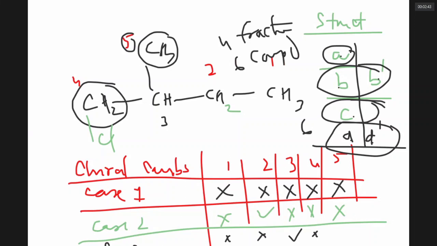So 2-methyl butane on monochlorination can give me 4 fractions on distillation, but actually it can give me 6 different compounds. Out of the 6, there are 2 enantiomeric pairs. The enantiomeric pairs are 2-chloro-3-methyl butane and also 1-chloro-2-methyl butane.